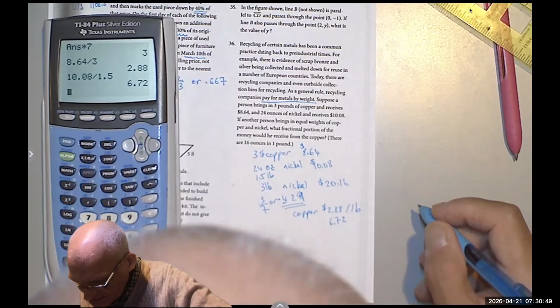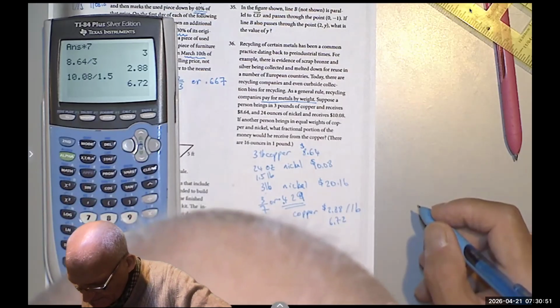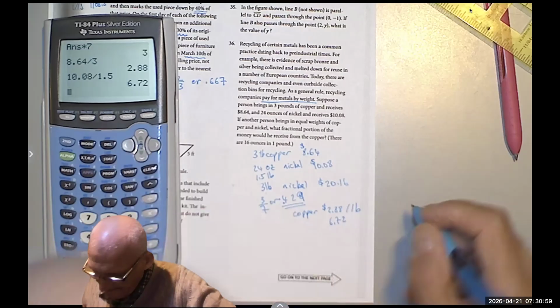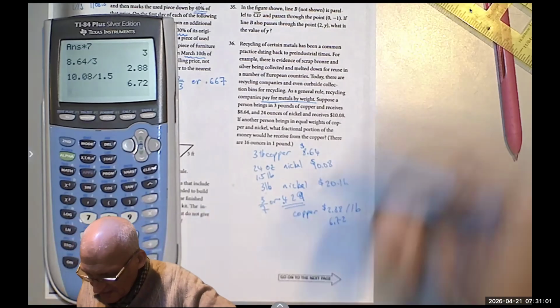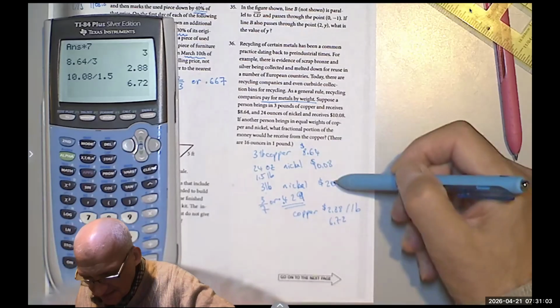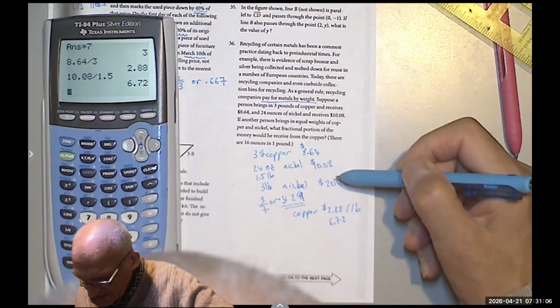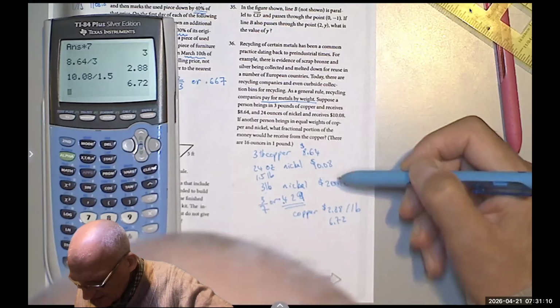Wait a second, something is wrong. I did something wrong. How, when I divided this by that, I get 3/7?